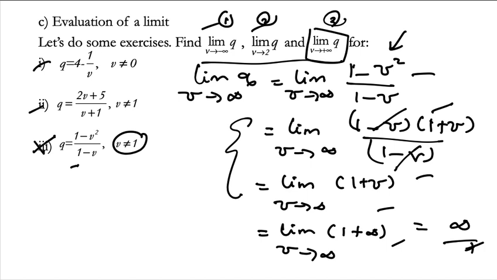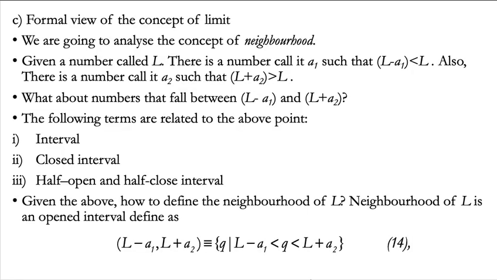All right, so that's the evaluation of limits, and we have done a little bit about the concept of limit, but we haven't done it formally. So now we need to look at a formal view of the concept of limit. So we want to analyze the concept of neighborhood.